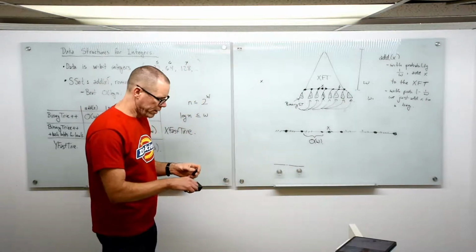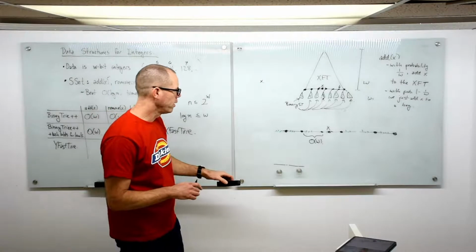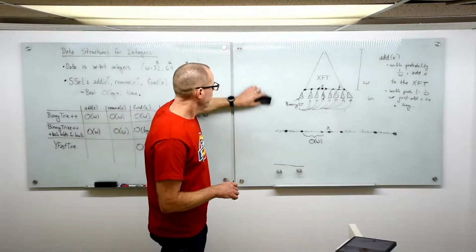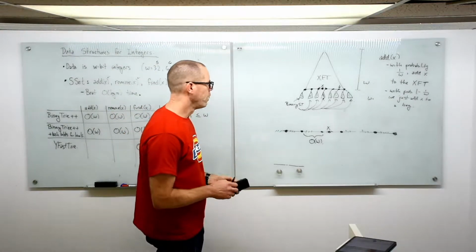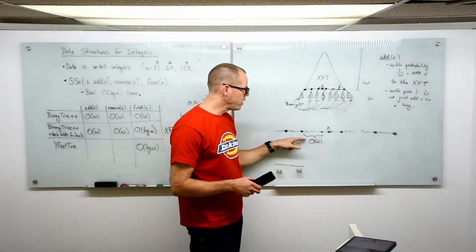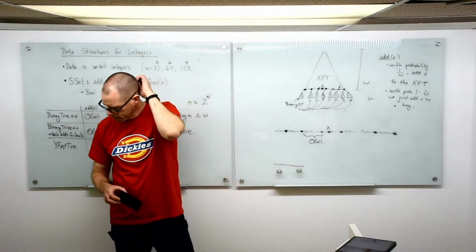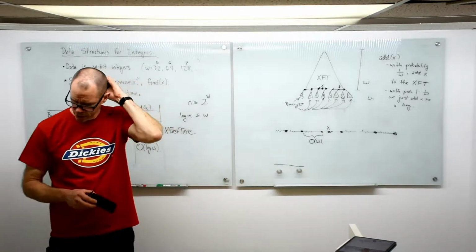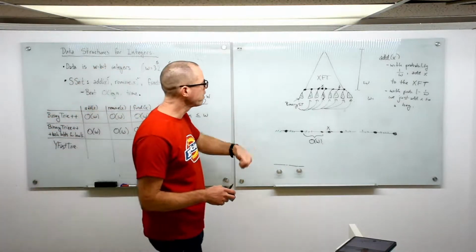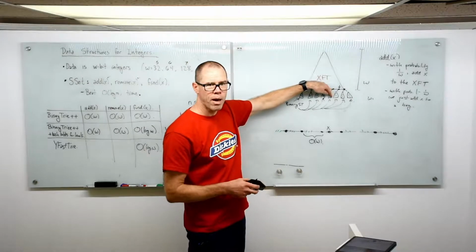So why is all of this efficient? In particular, I said the size of the bags here is O of W, but I never guaranteed that. What happens if I keep adding things and they all keep going in the same bag?